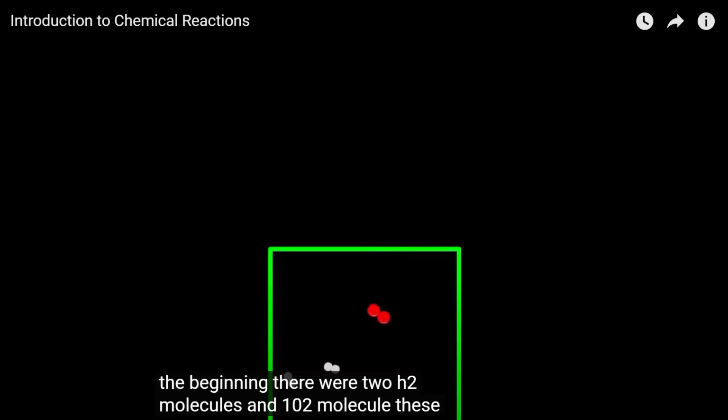What do we call those things that we have at the beginning of a reaction, before they have reacted? We call them the reactants. That is question 7A.